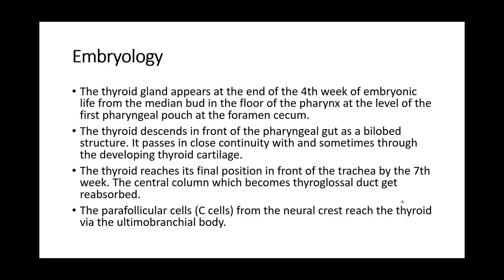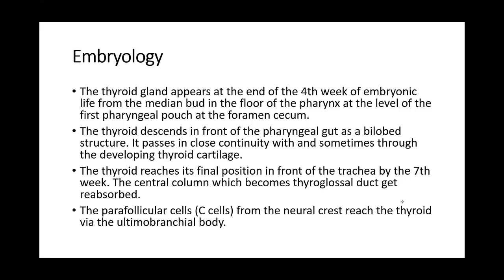The central column, which becomes the thyroglossal duct, gets absorbed. It is when that central column through which the thyroid gland descended persists, that it persists as the thyroglossal duct.